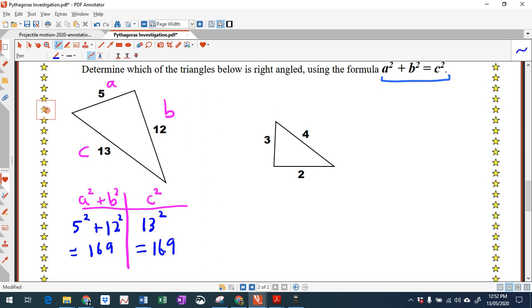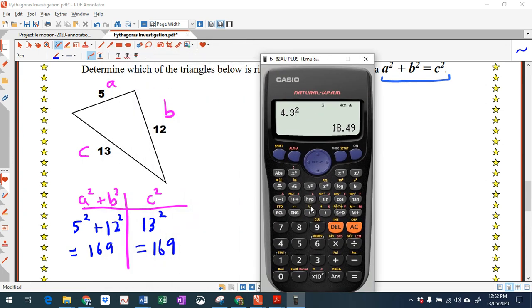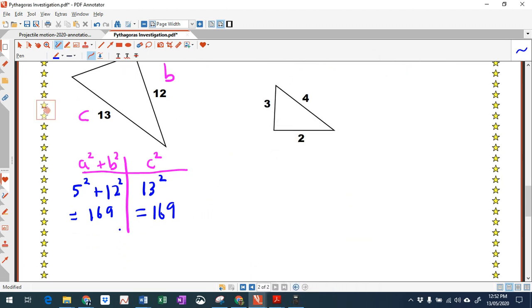Let's just check it on the calculator so you know how to do it. 5 squared plus 12 squared equals 169. The other one was 13 squared equals 169. You'll notice that both are the same number: both 169.